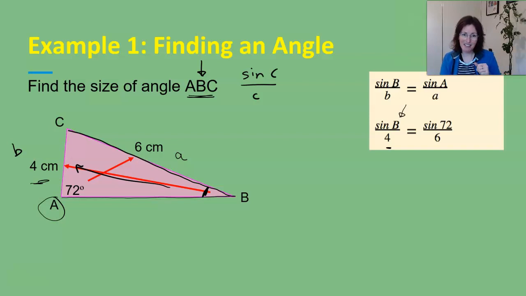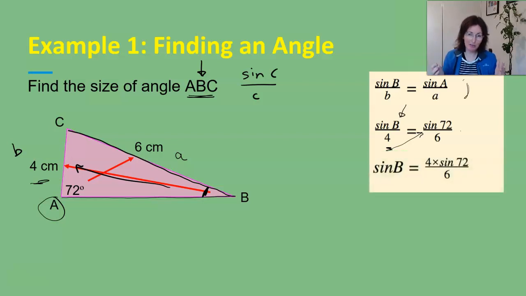And then the other pair that we have, for A, the angle was 72 and the side length was 6. Rearranging that, what needs to move? That 4 there in the denominator needs to essentially be multiplied up to the other side. We're essentially multiplying both sides by 4, so that cancels it out on the left. And there's our multiply sign here on the right-hand side of the equals.